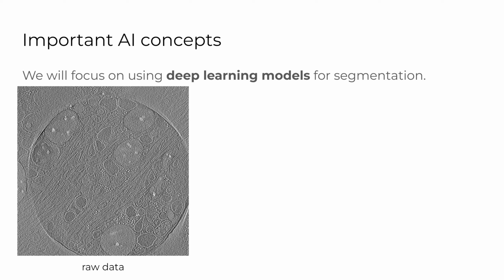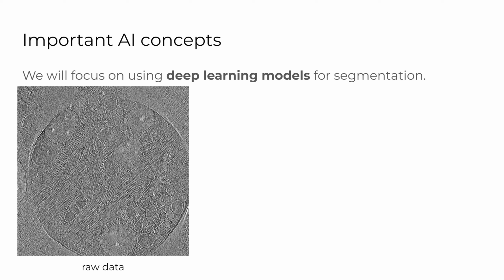All right. Now, before I go into the Avizo tutorial, I just want to share one slide about some important concepts. For today's workshop in Avizo and Ilastik, we're going to be focusing on using deep learning models for segmentation.